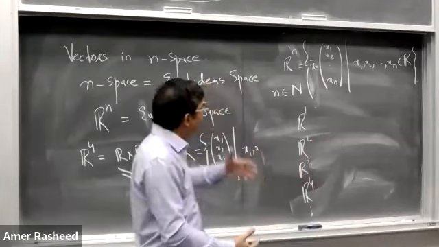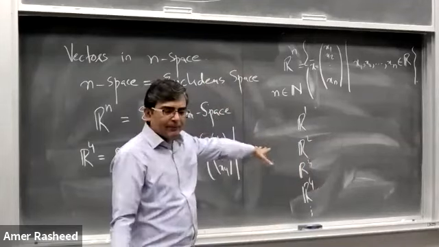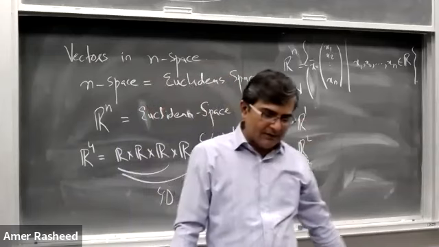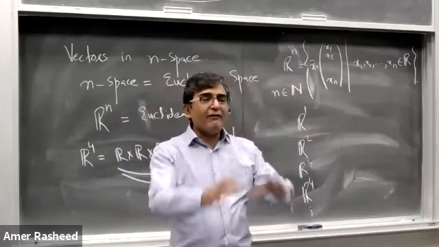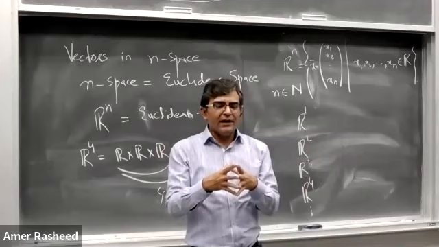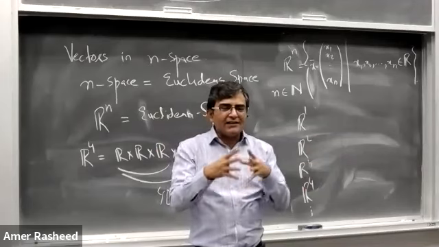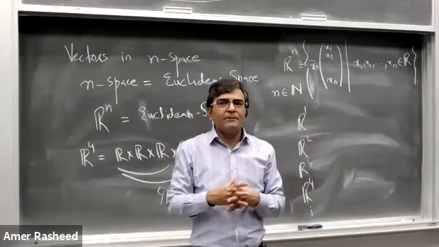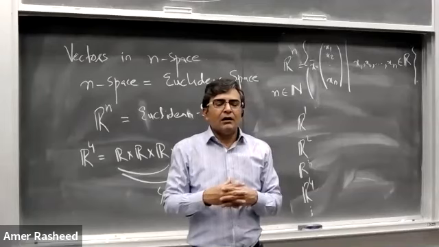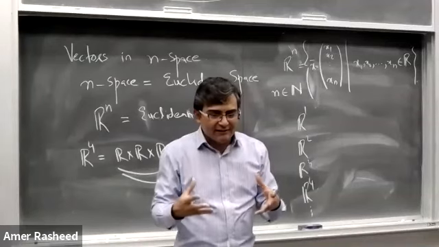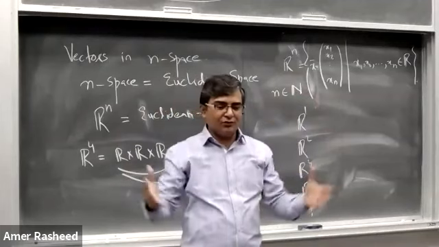Now, why are we trying to define these Euclidean spaces or n spaces? Because if you have a 10 by 10 linear system, and that system has infinitely many solutions, what kind of vectors would you have in that set of solutions?